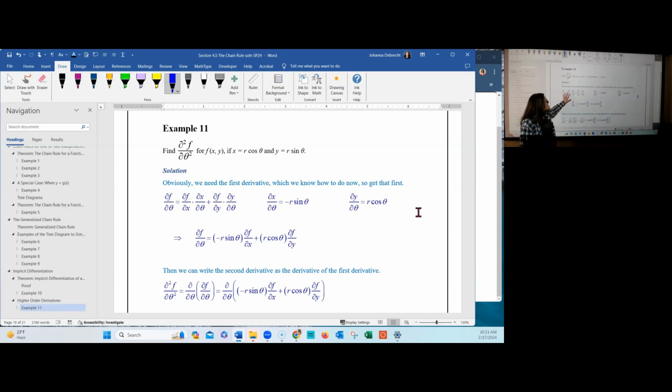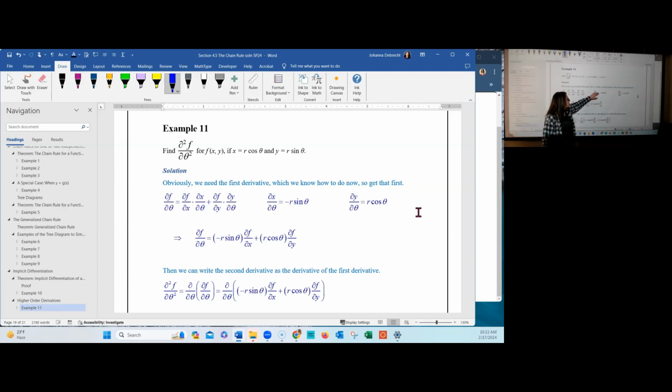So we're using the chain rule formulas up here in order to find the first partial derivative of the function with respect to theta, which would be the partial of the function with respect to x times the partial of x with respect to theta. Notice we use the partial in both cases because both f and x are functions of more than one variable, plus the partial with respect to y times the partial of y with respect to theta.